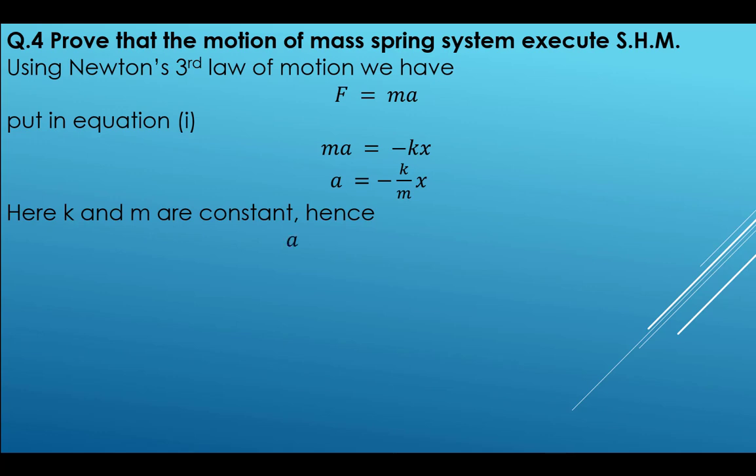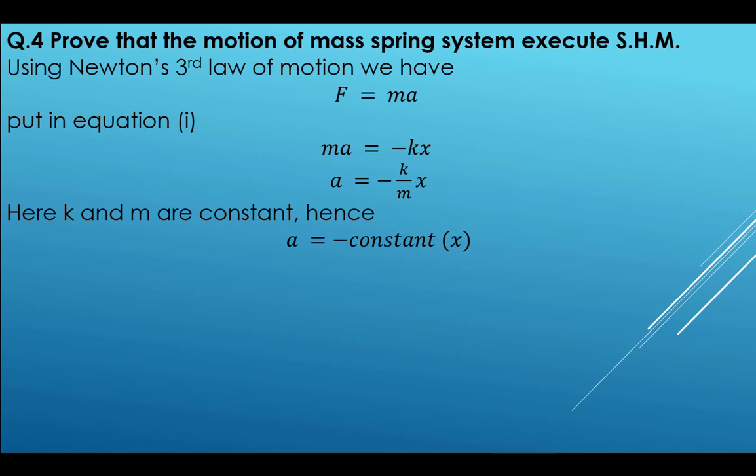Hence, we can replace k upon m with a constant, and this is pretty common in mathematics. Whenever there is a proportionality sign, we remove the proportionality sign with the help of a constant and an equals sign.